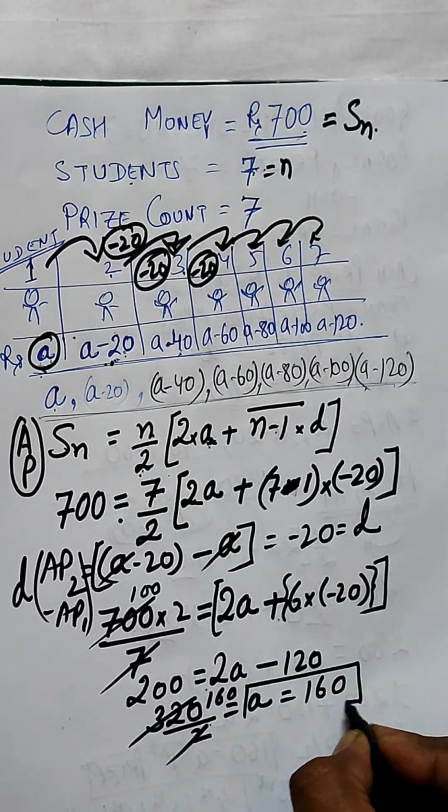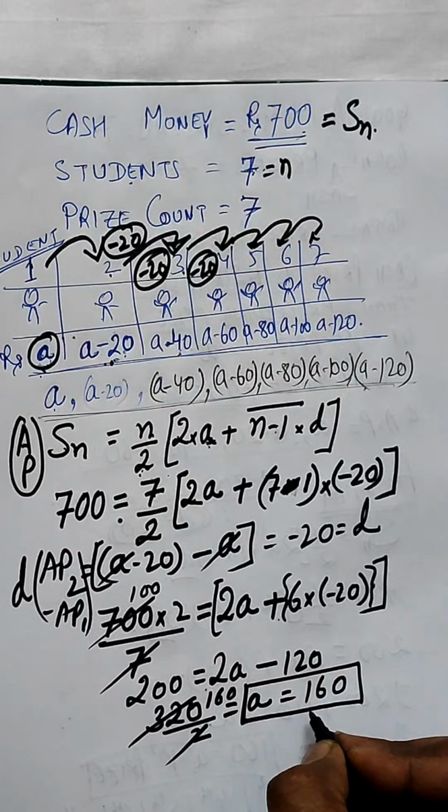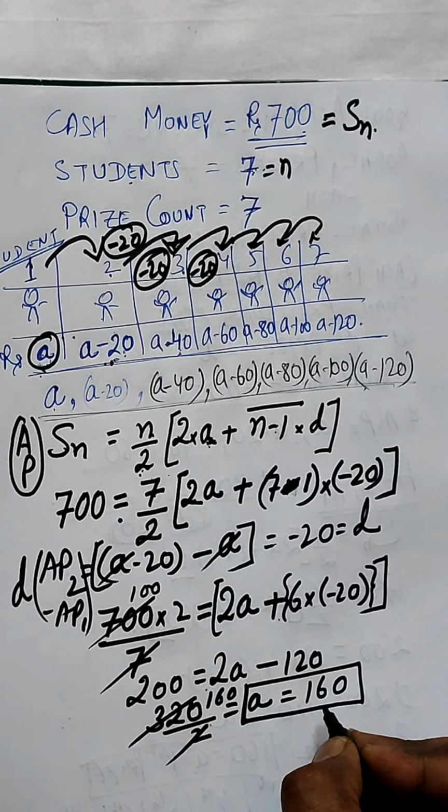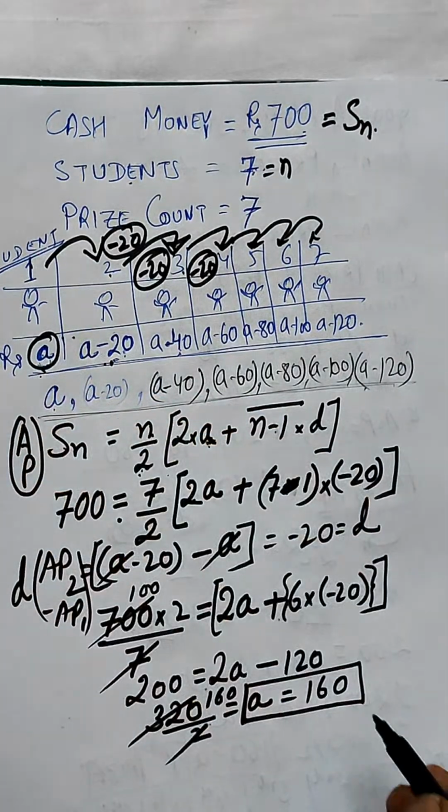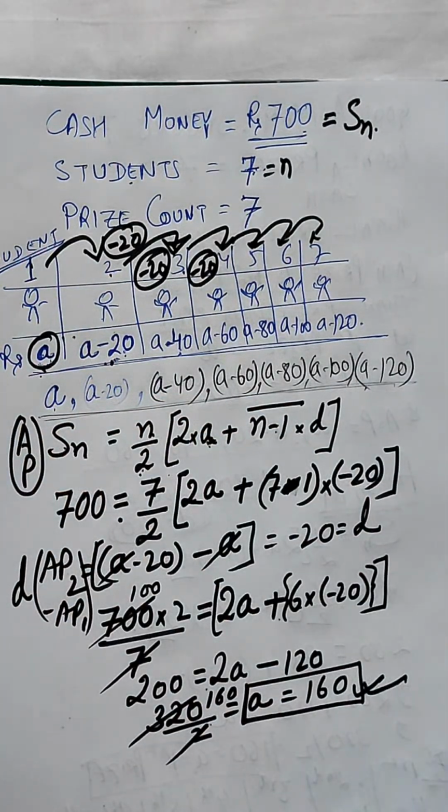So the first student is getting rupees 160 as the prize money. You can see here, the first student, which is here, is getting the prize money as rupees 160.